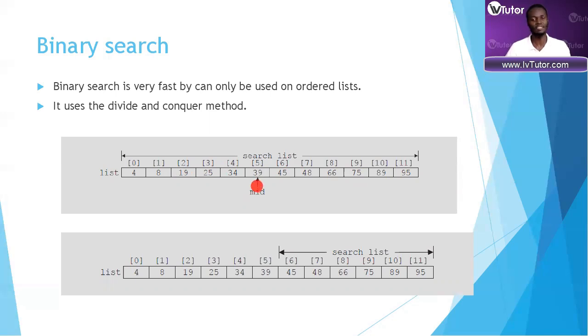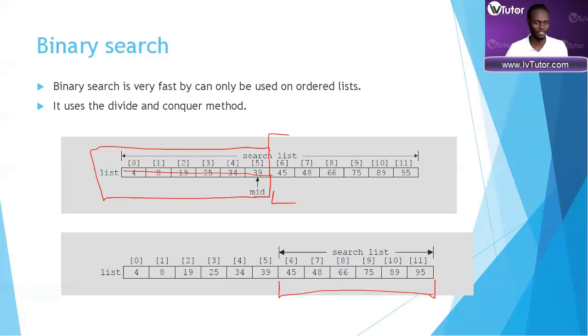If we are looking for 89 in this case, and there's 39 in the middle, we know that because this middle item is less than the search item, we don't have to bother ourselves with this bottom half of the collection, because 89 is above 39. 89 is greater than 39, which means because it's sorted, we definitely know that it's not here, which means our focus then needs to be on the top half of the array, which means this here becomes our search list.